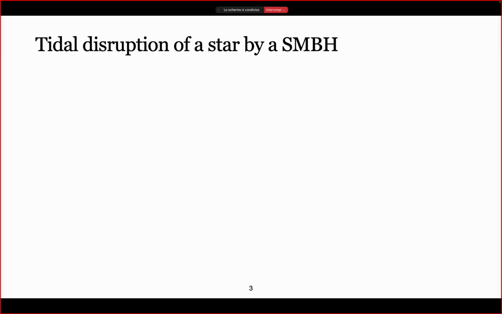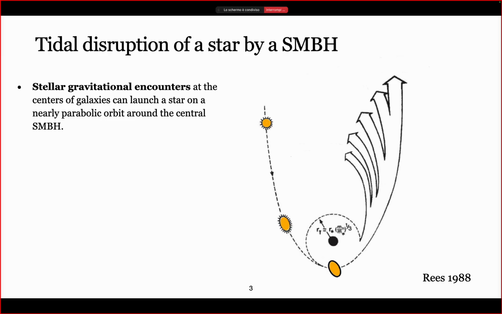So the possibility that a star could get disrupted by a massive black hole at the center of a galaxy was suggested even before TDs were observed. And the idea is that they originate from stellar gravitational encounters happening in the center of galaxies, which can occasionally launch a star very close to a black hole, the central supermassive black hole.